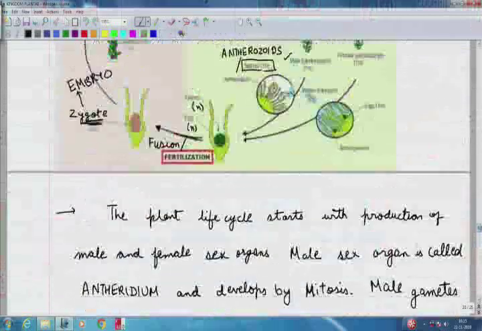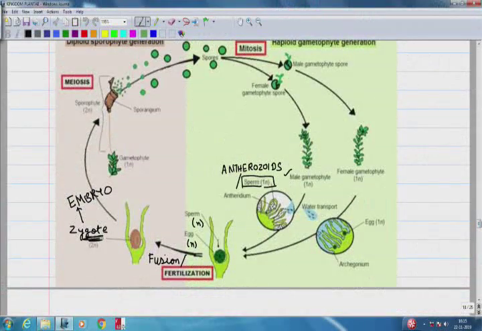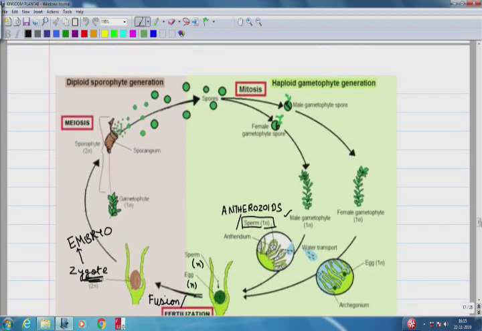In the last class, we had studied the moss life cycle, which basically includes the sporophyte phase and the gametophyte phase. The sporophyte phase is that phase which produces spores, and the gametophyte phase is that phase which produces gametes.